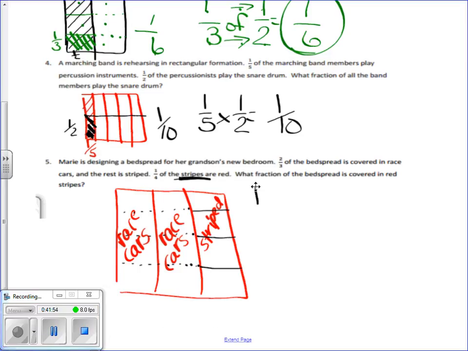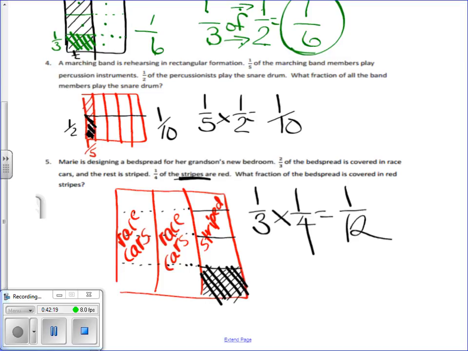So 1/3 of the bedspread is stripes. 1/4 of the stripes are red. So 1/12 of the bedspread is covered in red stripes.